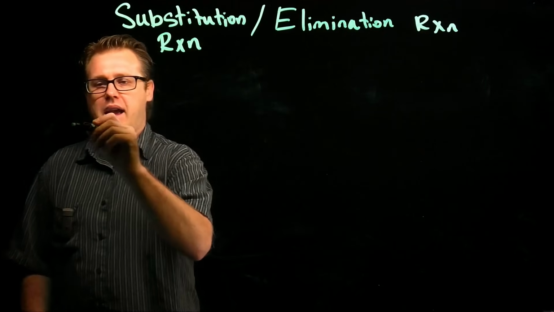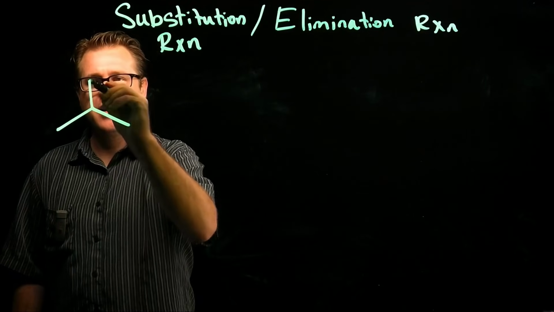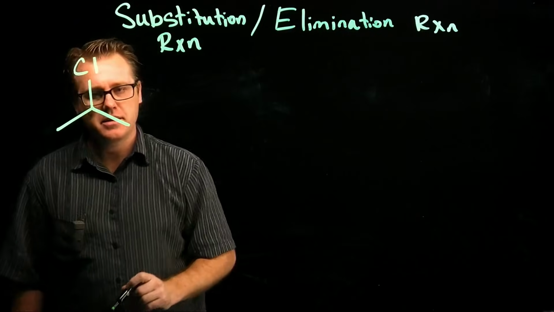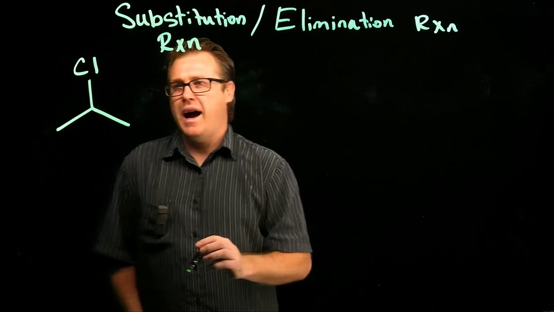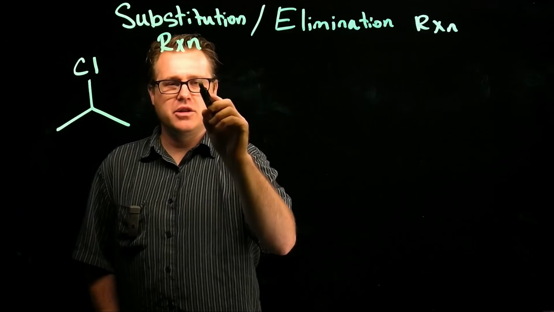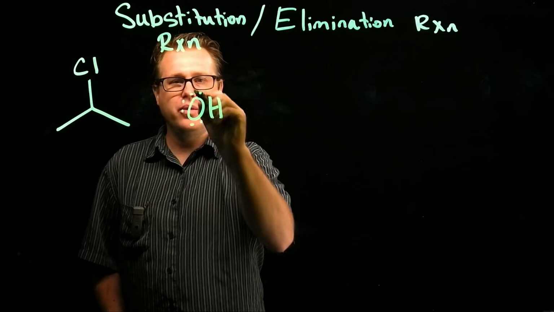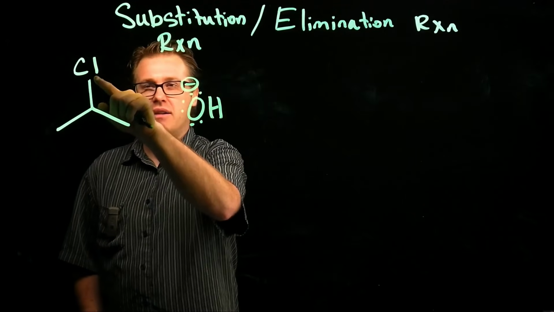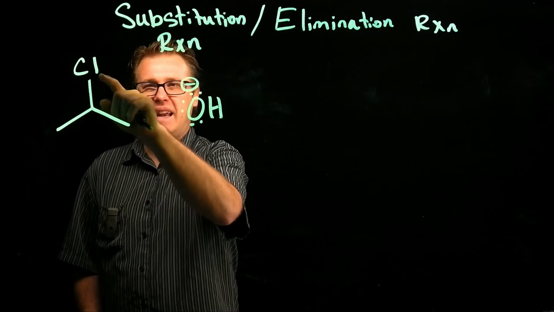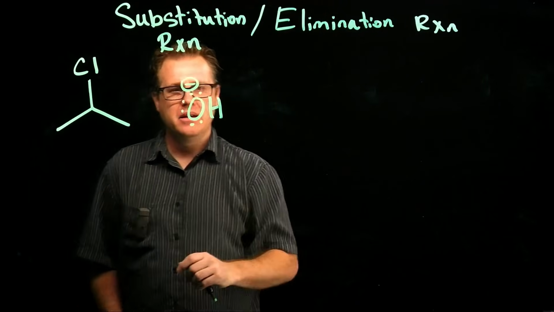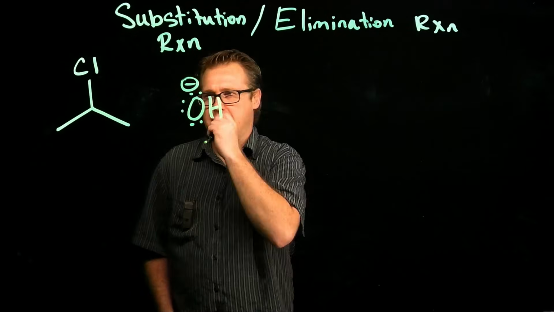So if we have a secondary alkyl halide like this, in order for us to do a substitution reaction, why do we need the alkyl halide? Why do we need that? And so we're going to take a look at that.